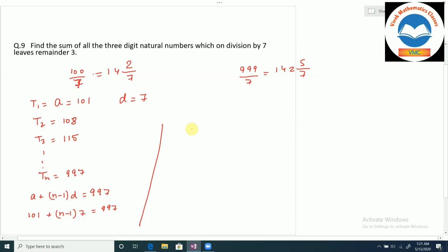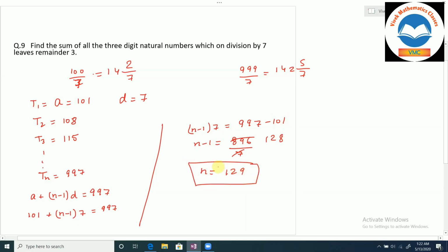Then if you solve this, n minus 1 into 7 will be equal to 997 minus 101, and n minus 1 will be equal to 896 divided by 7. Divide it, we will get 128. It means the n value will be 129. The n value we are getting is 129.